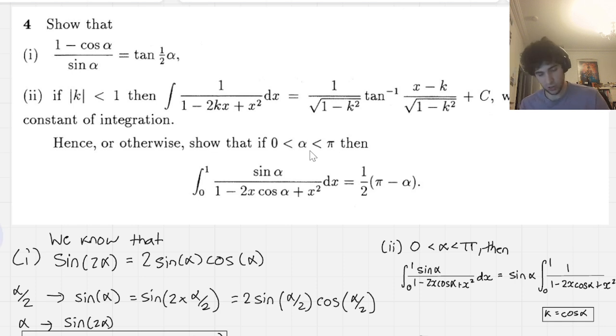Once again, k is just cosine alpha. And because it's definite, we don't need the plus c. You can put it in there, but it will be cancelled out.